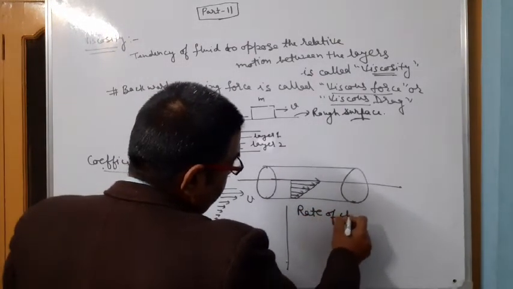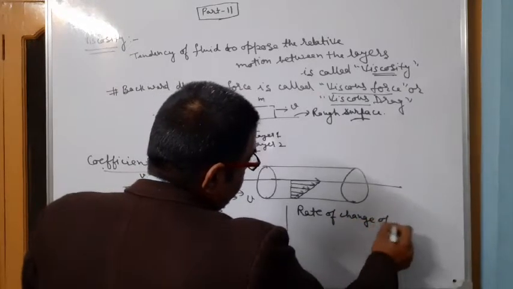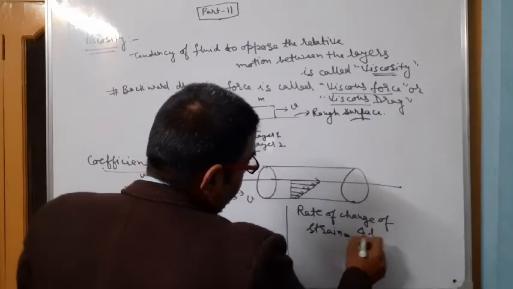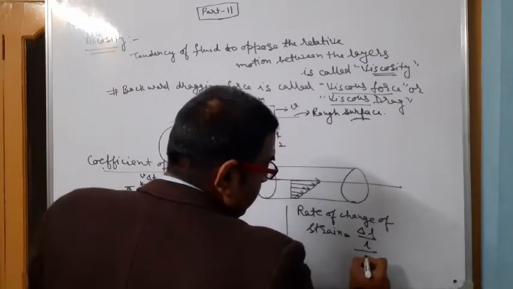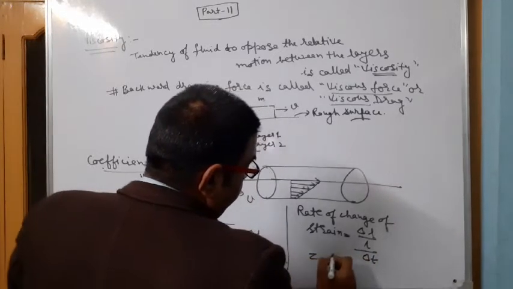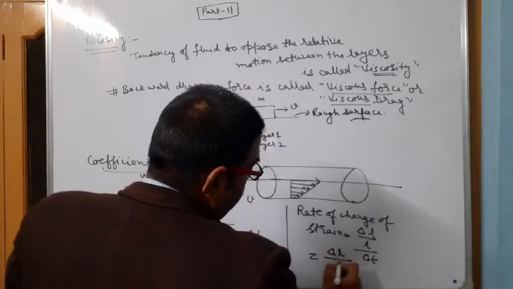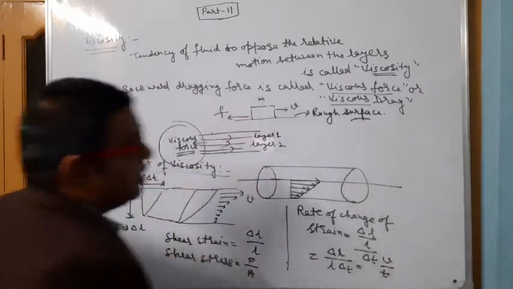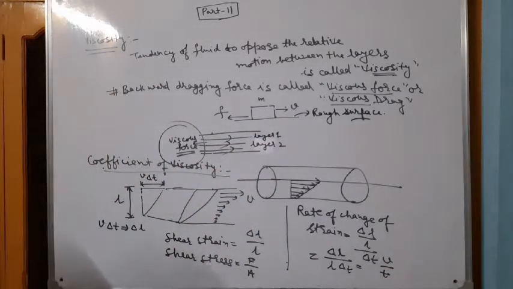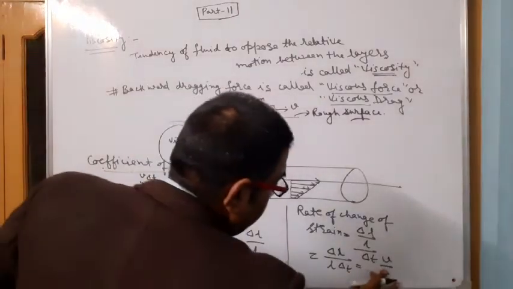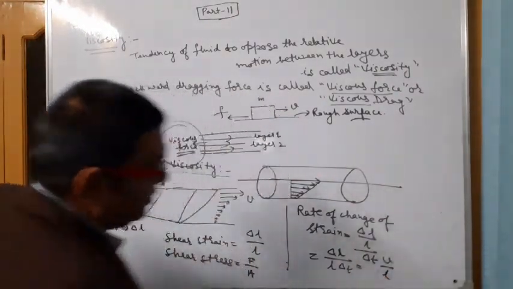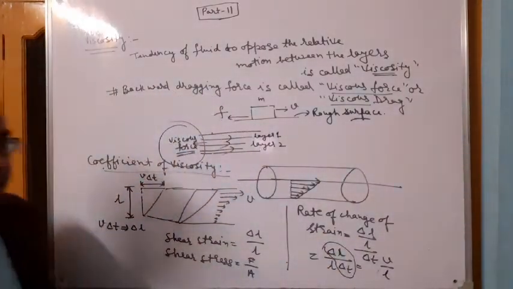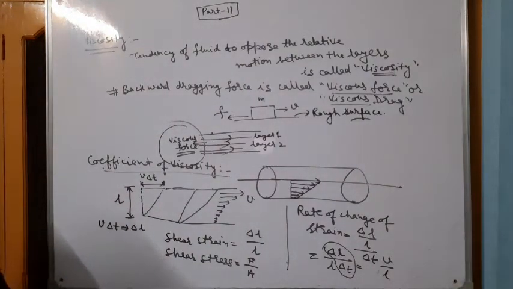The rate of change of strain is delta L upon L divided by delta t, which can be written as V upon L, because delta L upon delta t can be replaced by V.